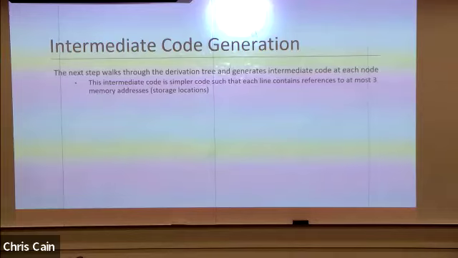If you were to have a single long instruction, you can break it down into a number of smaller instructions with intermediate points. So the intermediate code generator is going to go through those lines and convert them into the smaller 3 memory address equivalent form. If you've taken any assembly courses, have seen assembly instructions, this is usually what that looks like.